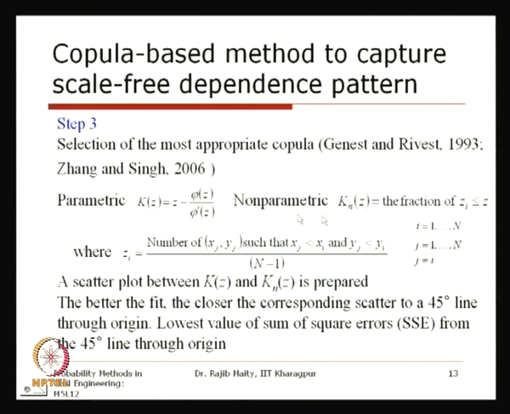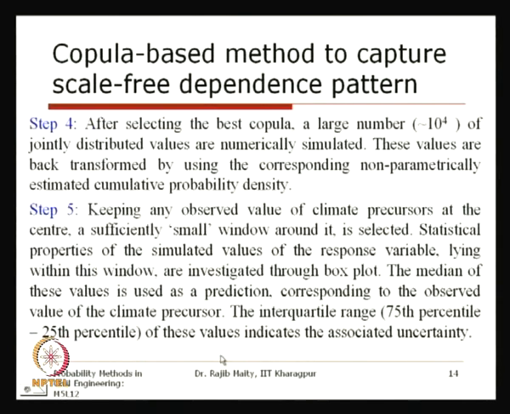Now, if we prepare a scatter plot of K(z) and K_n(z) and we have selected the copula correctly, then these two should fall on a straight line through the origin, making a 45° angle, if the two are ideally the same. So, the better the fit, the closer the scatter is to the 45° line through the origin. The copula with the lowest sum of square error from the 45° line through the origin has to be picked up as the best one.